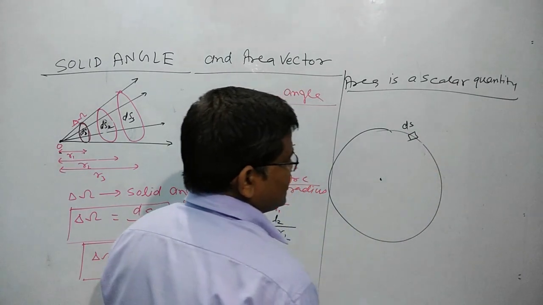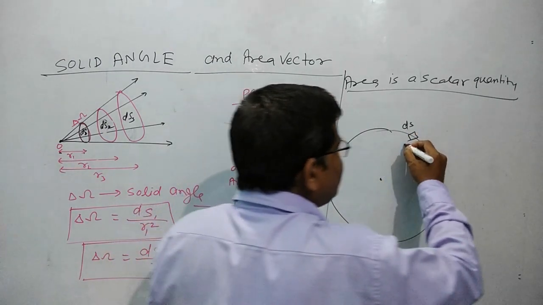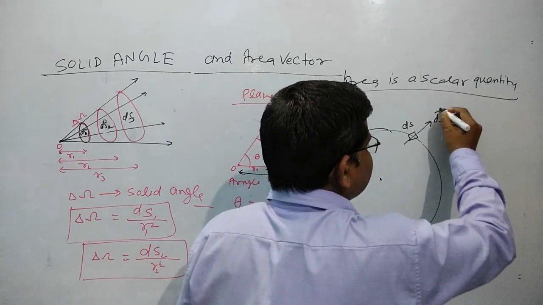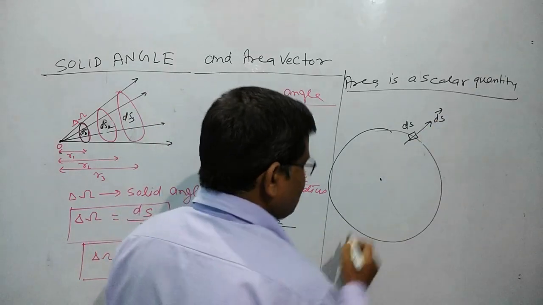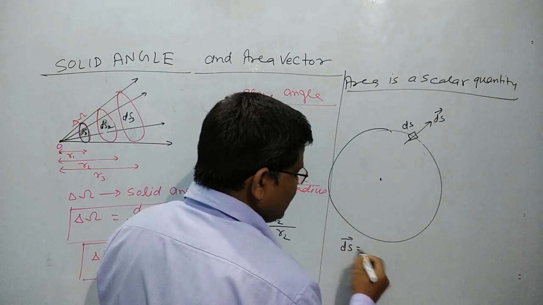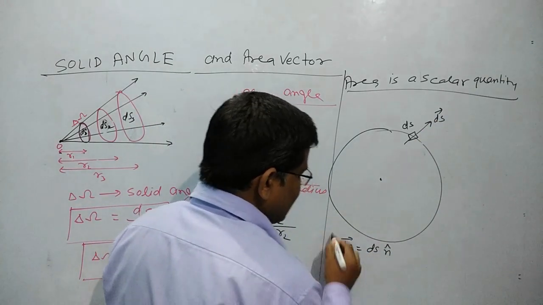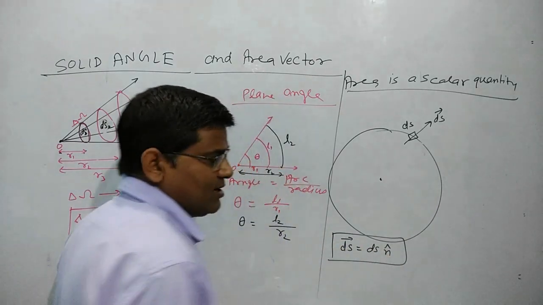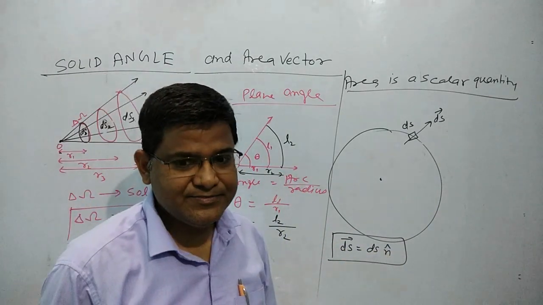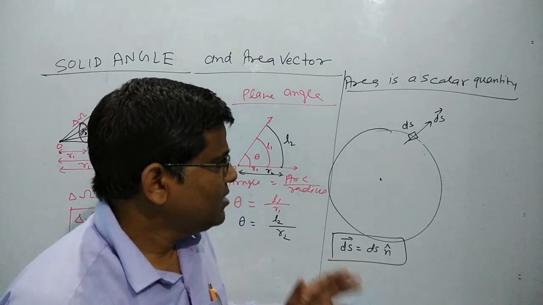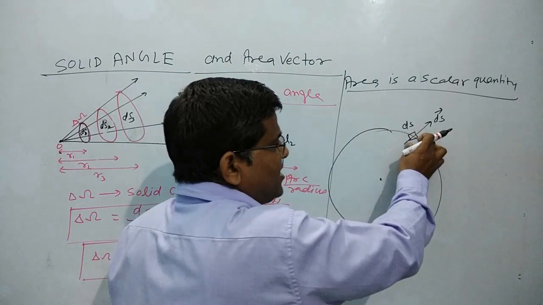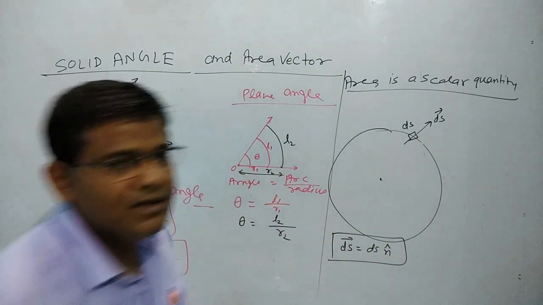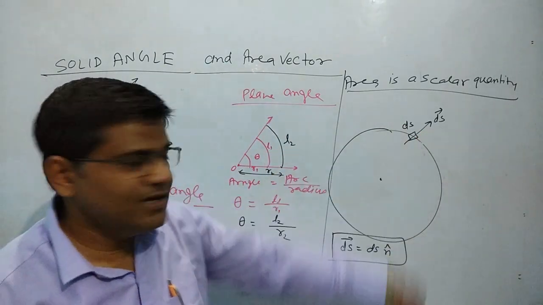This one is perpendicular, that's why it is written as ds n cap. N cap means normal, normal means 90 degrees. Everywhere small areas are considered, and integrating all of these, you find the total area.